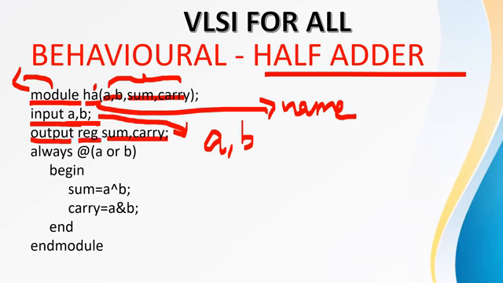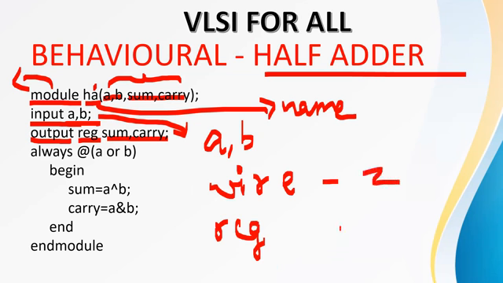We are defining it as reg because we have two types, wire and reg. By default, the wire value is Z, and reg is X. By default, all the variables will be wire. Wire is nothing but passing the signal from destination A to destination B, just passing.